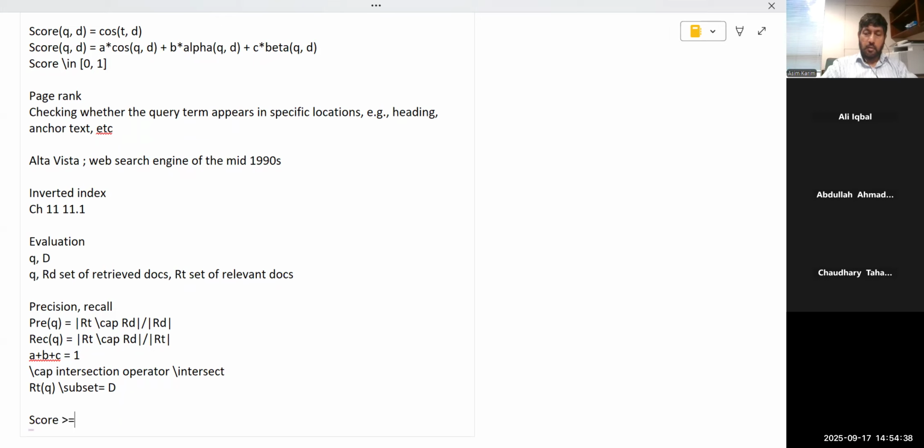So score greater than or equal to some theta. So this will give us our RD. So theta is a parameter that the user will specify. So let's say all documents that have a score greater than 0.8 would be in RD, and RT of course is from your corpus, your training data set, usually identified by humans. ठीक है? So any questions?